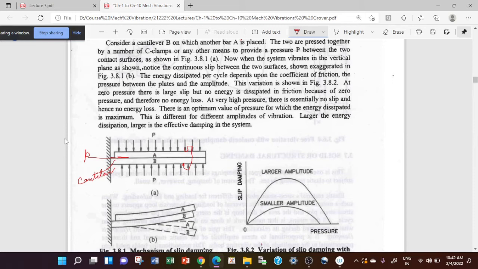Now if this plate vibrates in this manner, it will vibrate about its central axis, and because of that you will get some slip at the interface of the two parts.